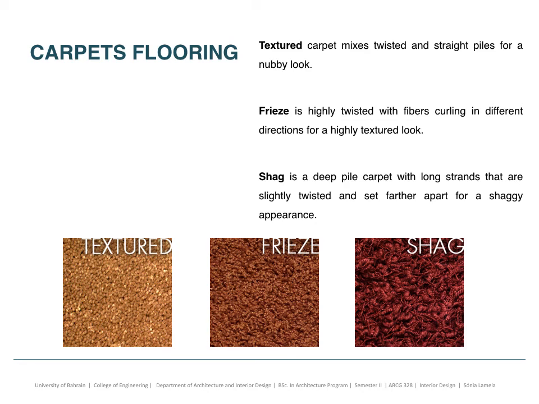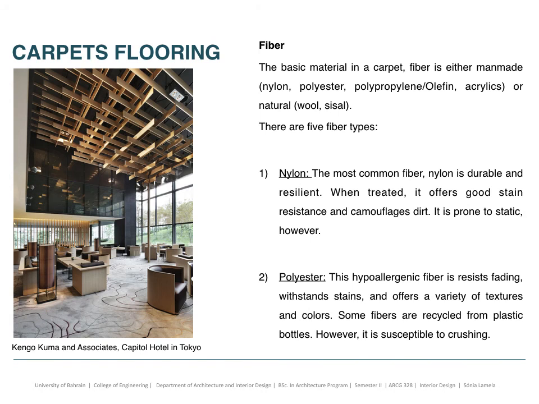The carpet's flooring could be made out of different materials, but the basic material that composes a carpet is fiber. And fiber is either man-made, like nylon, polyester, acrylics, or natural fibers like wool or sisal. There are five fiber types. Nylon is the most common fiber and it's the most durable and resilient.